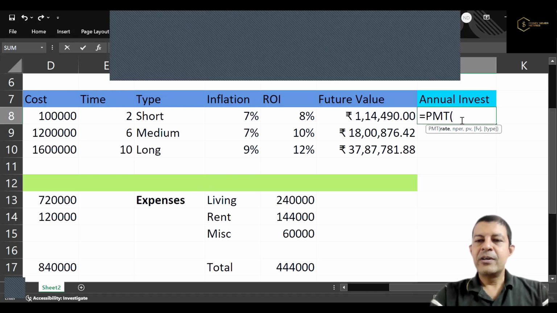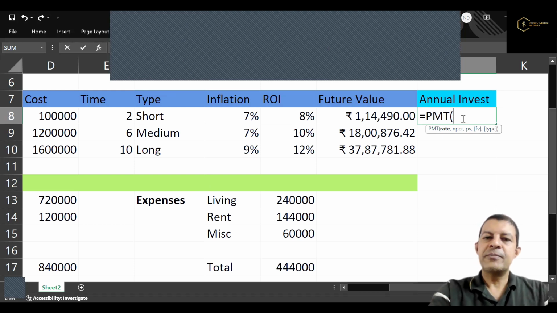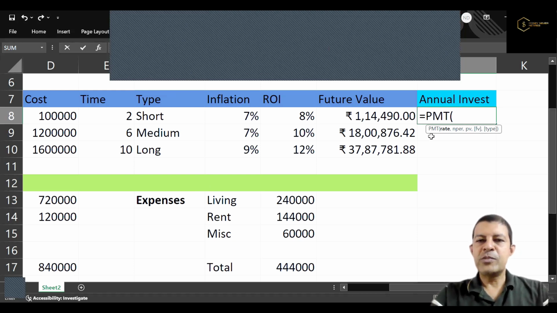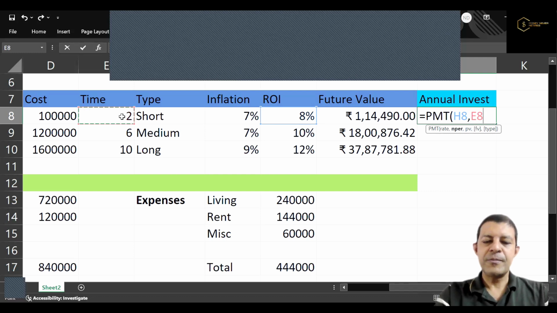It assumes the return on investment of 8% is going to be achieved when we put in that annual investment. So we're going to have 8% for 2 years. That means every year we are going to invest.